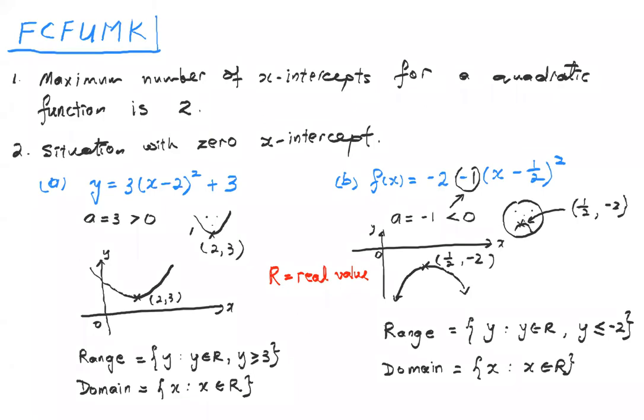So good? You have to know what is range and what is domain, because later I will introduce other functions whereby you have a different domain, not real values. Clear? Shall we move on?